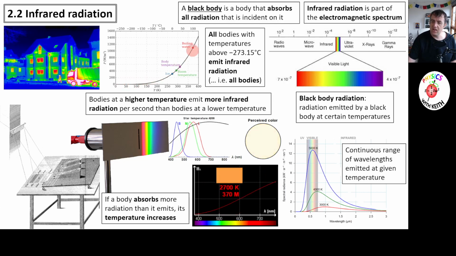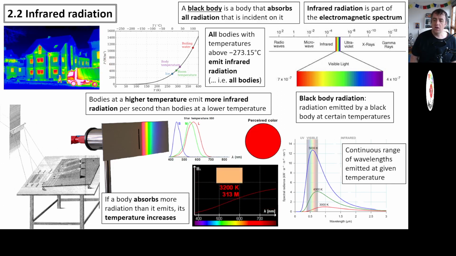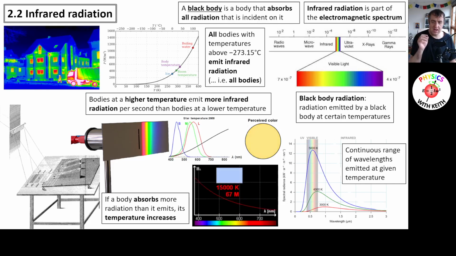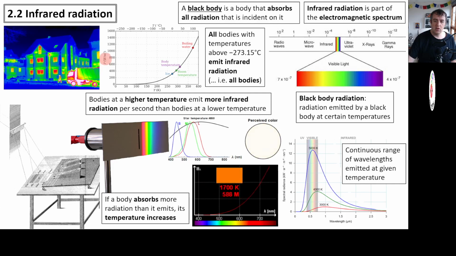So this is above 0. But you'll notice that the higher the temperature of the body, the more energy is given out per second per square meter. So this thing labelled P is not a power, it's an intensity of electromagnetic radiation of the infrared part of the spectrum, which is given out, where W is watts per square meter, so that's joules per second per square meter.